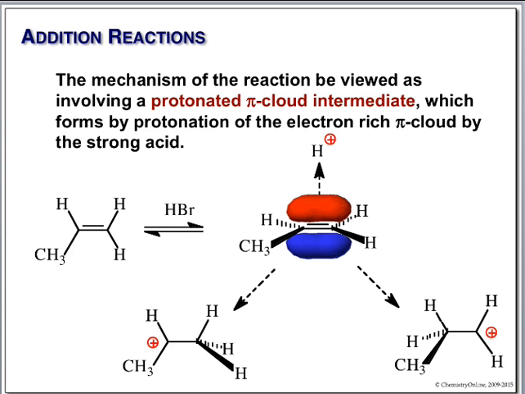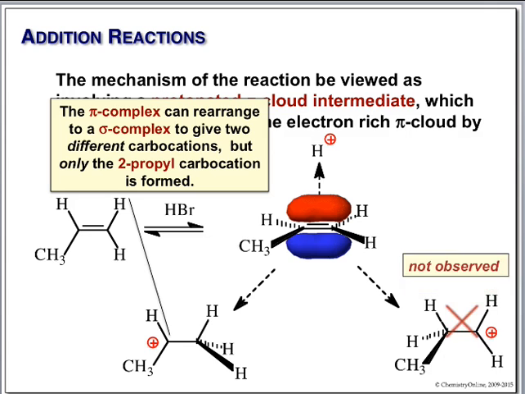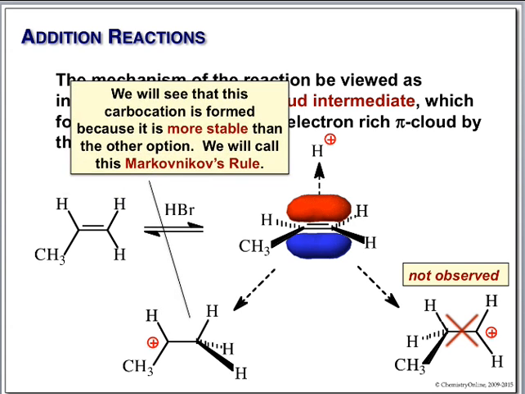Once again, when we run this reaction, the only product we get is going to be derived from this carbocation. What happens in the second step is that Br minus will attack the positive center to make the product. Now, why do we get only this and not this thing? Very, very simply.